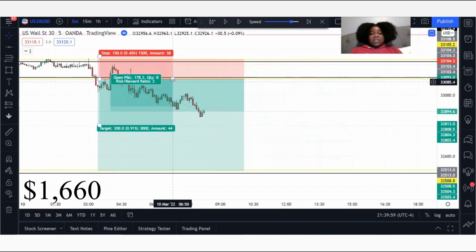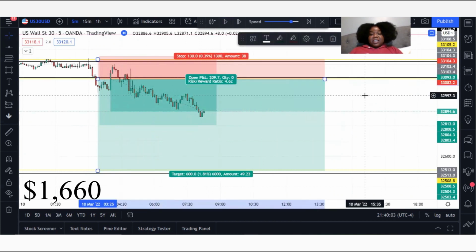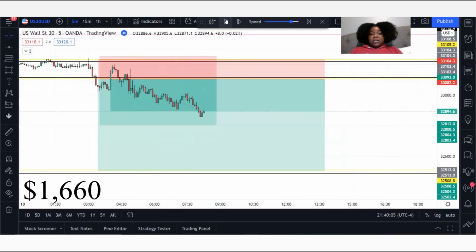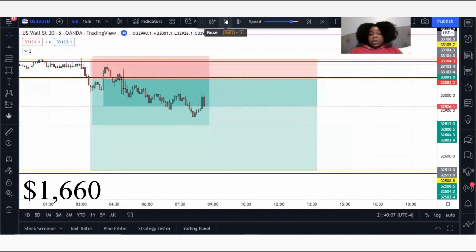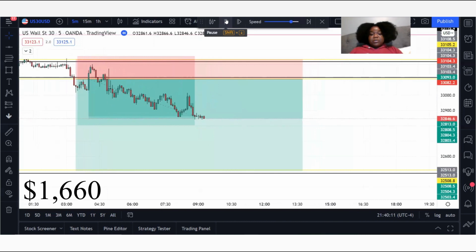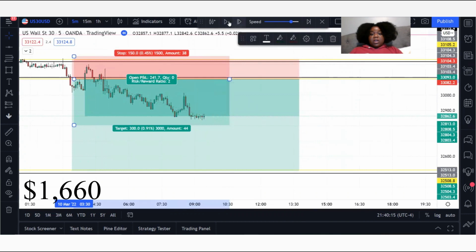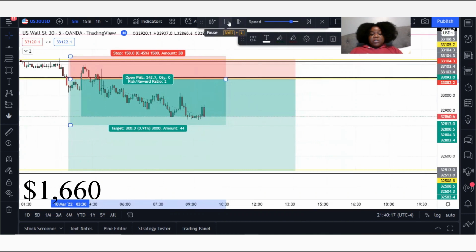Yeesh, so close. Like I would literally be watching this trade. If this was real time, probably like, oh my gosh, drop, drop, drop. Just one big drop. Just one more. Just let me get that first TP.